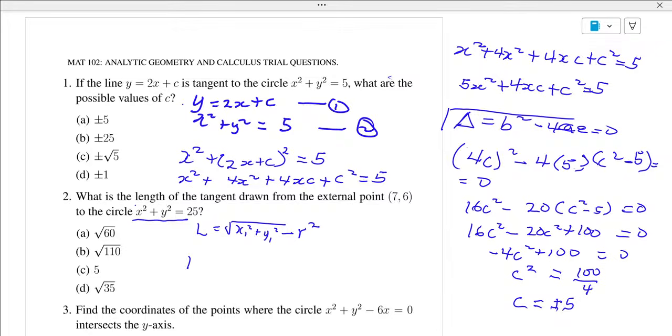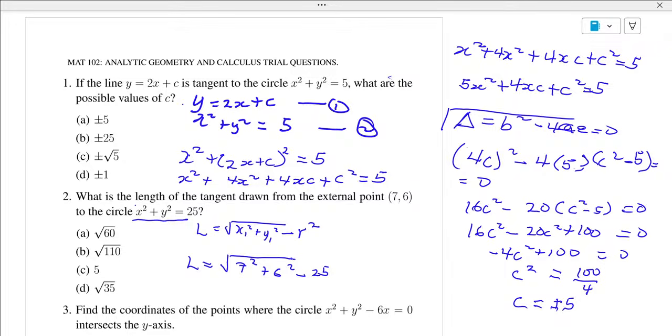So in that case, our L will be equal to the square root of our point x1, which is 7 squared, plus our second point, which is 6 squared, minus our radius squared, which is 25. Please, we just have to know that this is the formula, and if you use the formula, you are safe.